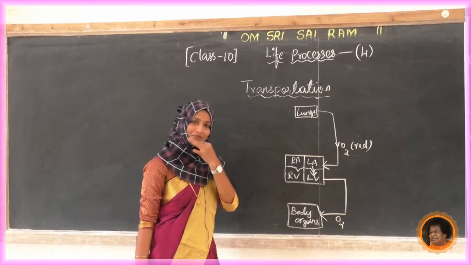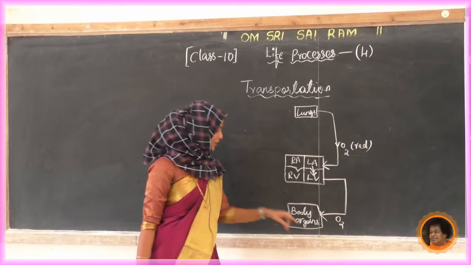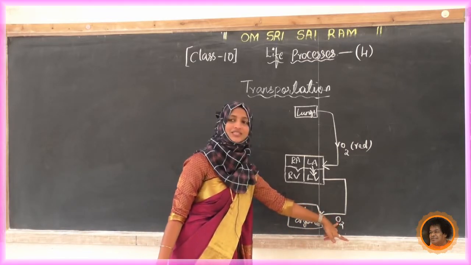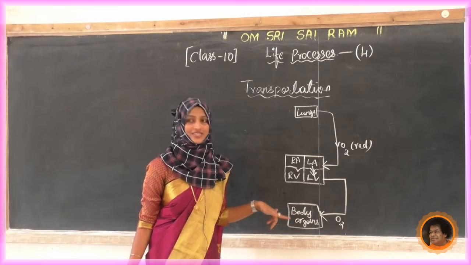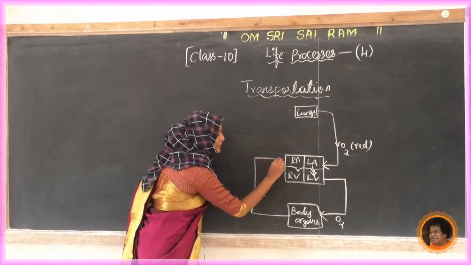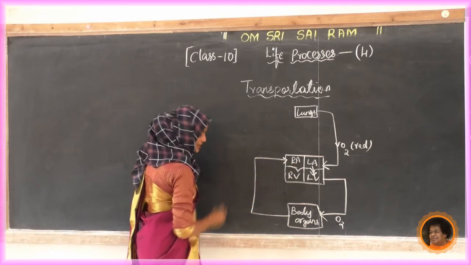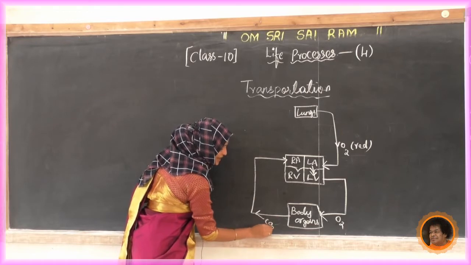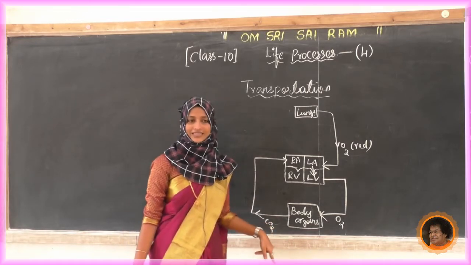Yes, we know that because of aerobic respiration, we are using this oxygen and we are giving back carbon dioxide. So what happened? Carbon dioxide with the blood is going to the right atrium. So write down here carbon dioxide, bluish purple color. It is not in the red color.